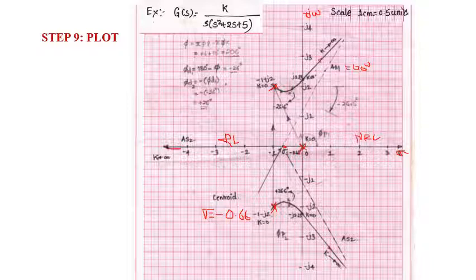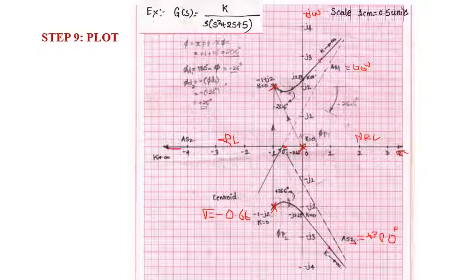Or measure minus 60 degree from this side, and you will get AS3 equal to plus 300 degree. Any method you can employ to get the 300 degree measurement. So you get the asymptote lines equal to plus 60 degree, plus 180 degree and plus 300 degrees. So these are the asymptotes.